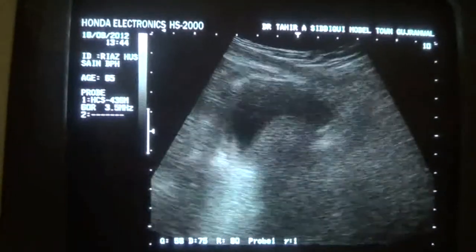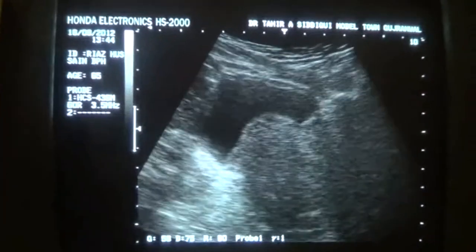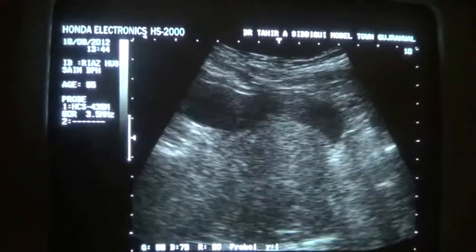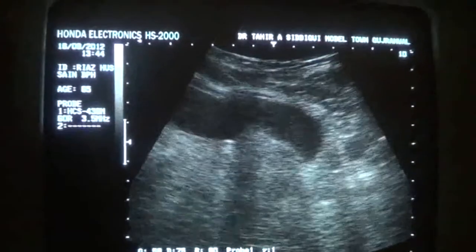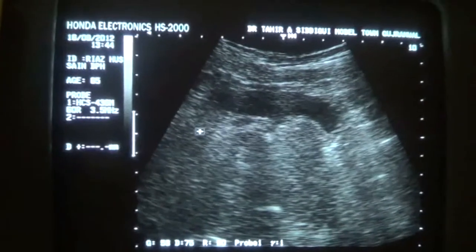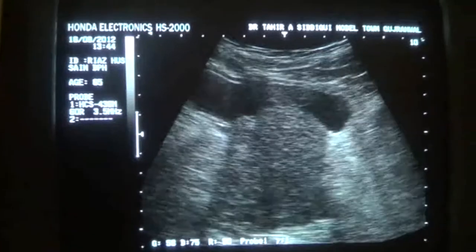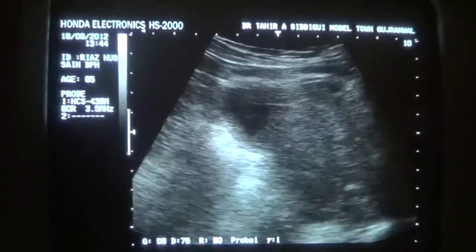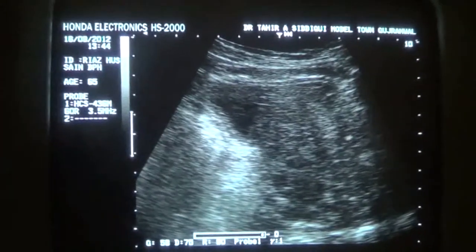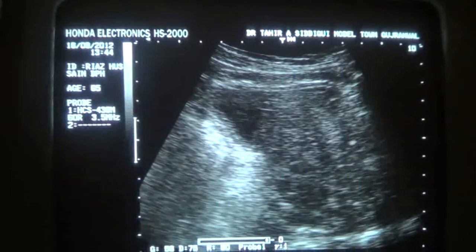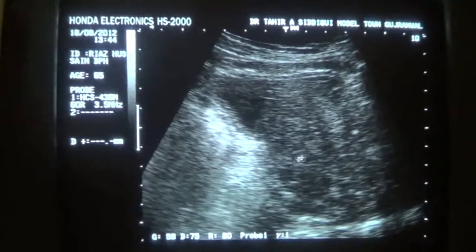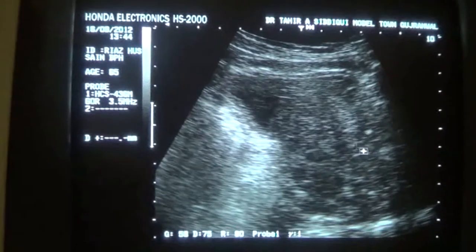Now you can see that the outer surface of the prostate is intact, the periprostatic fat line is intact. So PSA is mandatory to rule out any aggressive pathology relating to the prostate, because there are multiple hypoechoic areas, 1, 2, 3, 4, 5.